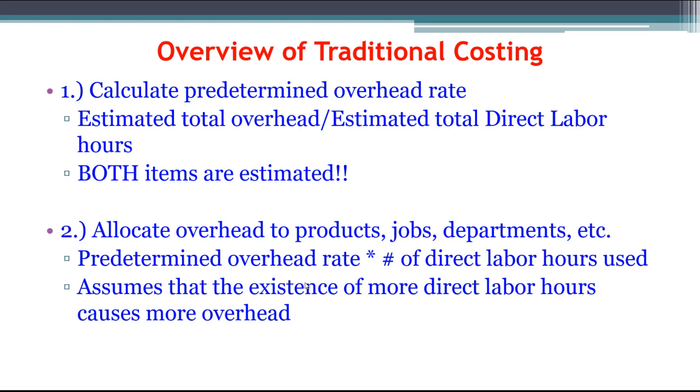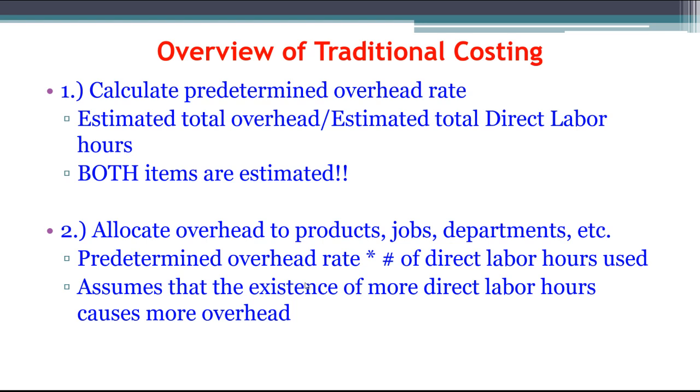And step two, we allocate the overhead to the products, jobs, departments, whatever the cost center is, based on actual labor hours or machine hours that come through. So step one was estimate. Step two, when we actually have an hour come through, we multiply that by our estimated overhead rate.